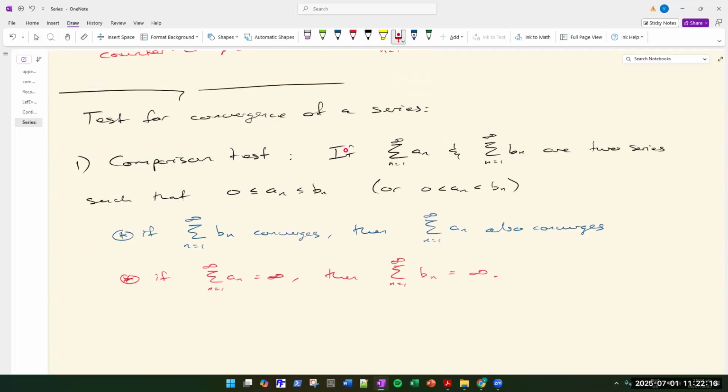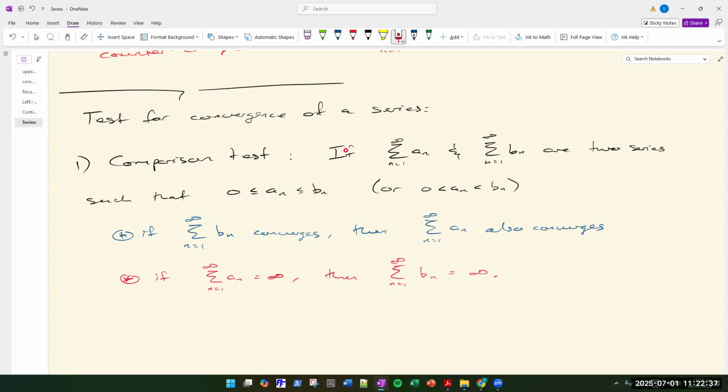Before we move on to another test, the ratio test, notice that this comparison test has within it a big limitation. The terms, the A's and the B's in the series that you are using, cannot be negative. They need to be bigger than or equal to 0.